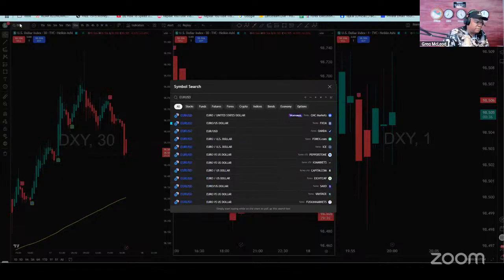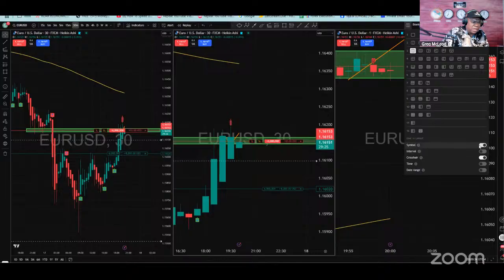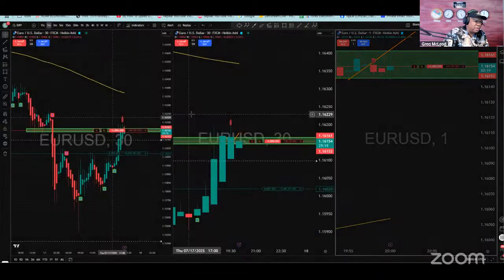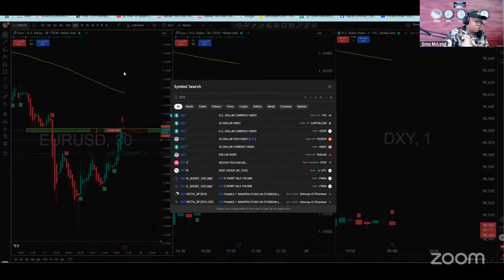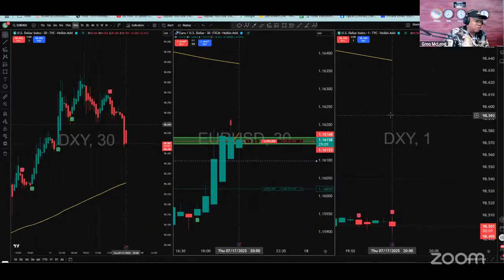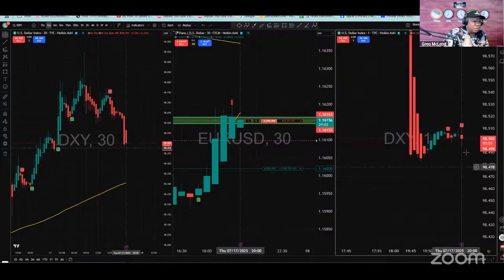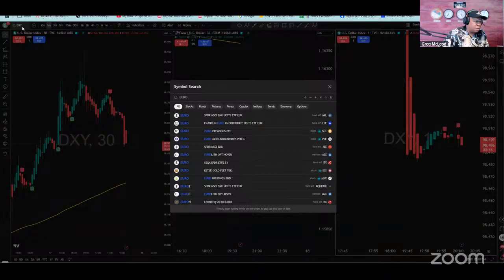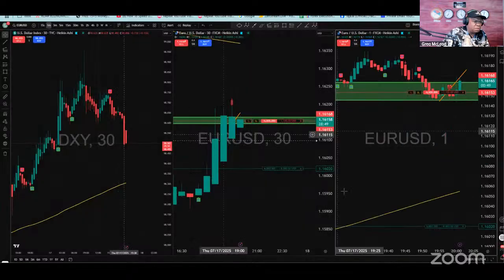I need the DXY right here, so I can keep my eye on it. This one DXY, this one Euro, this was Euro 30, and this would be EUR USD. Okay, all right. Oof.